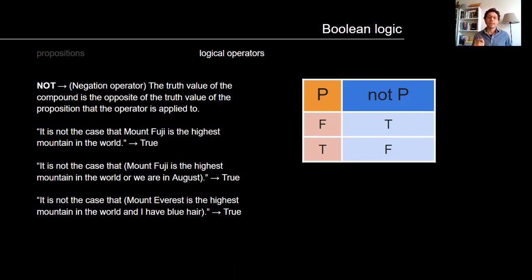But these are variables, P and Q. So you can replace P and Q with all sorts of propositions. When I was dealing with the proposition within the parentheses, the first sentence before or, which is Mount Fuji is the highest mountain in the world, was P. When I'm done with the whole parentheses, then I can call the whole parentheses P, because P is a variable, and variables, as the name suggests, vary. The value of the variables change.